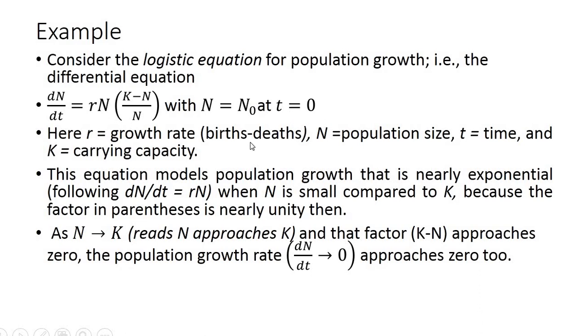R is the growth rate, N is the population size, t represents time, and K represents the carrying capacity of a certain space. So the equation models growth of populations, whether it's the growth of human beings, mosquitoes, or concentration growth in cultures. Any growth can be modeled using this general logistic growth equation.